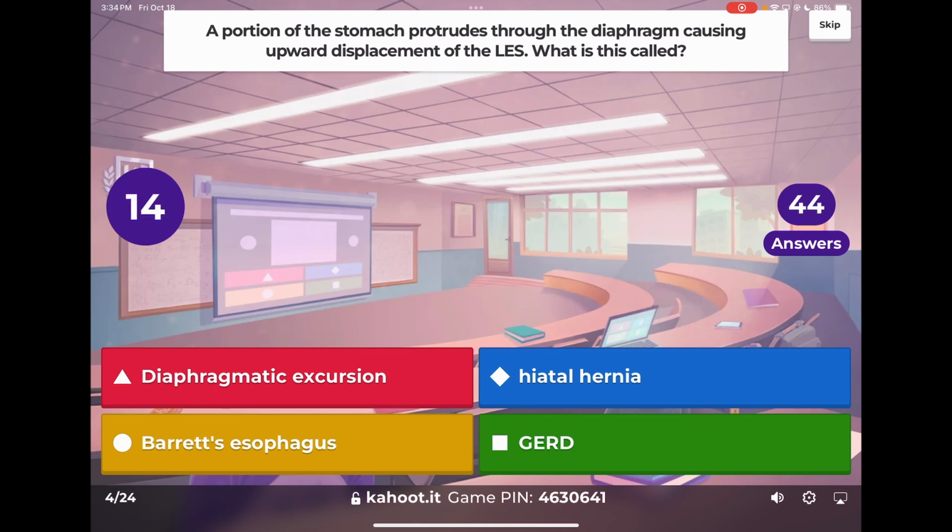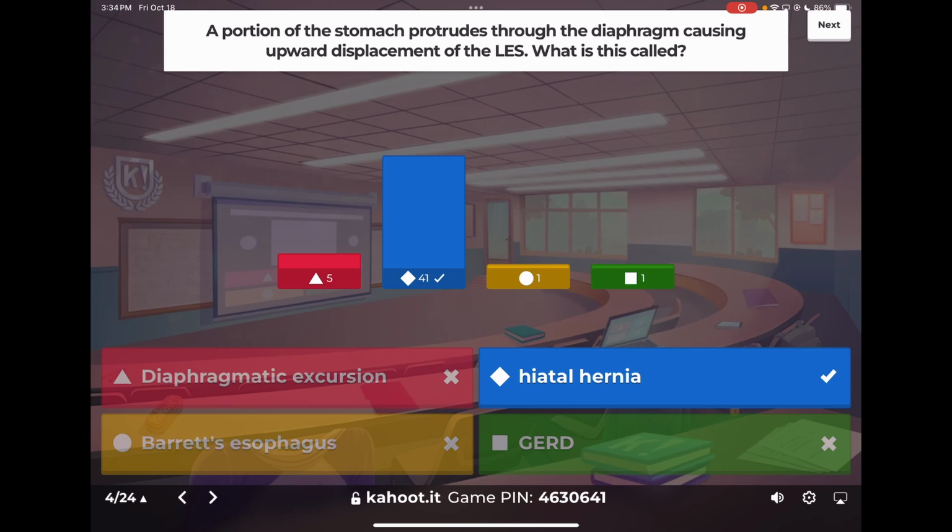That's not the answer, guys. Hiatal hernia, that's all it is. Remember, there are different types of hiatal hernias. One where it just comes up and slides back and forth, but then you have the one where it constricts and that stomach tissue gets stuck up there, but they're both hiatal hernias.